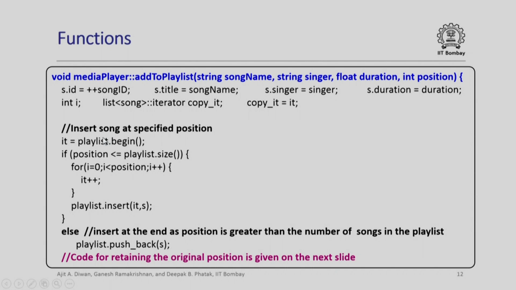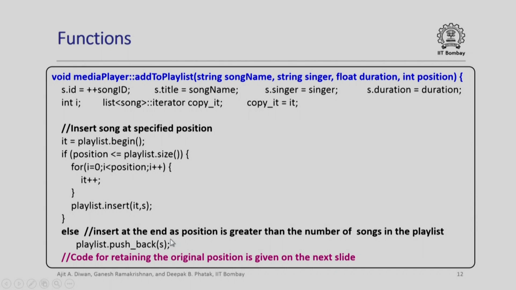Now I have to insert the song at a specified position. So I will set the iterator to playlist dot begin. If the position given is less than or equal to playlist dot size, then I will traverse for I equal to 0 to that position and I will insert that. If that is not so, then I will insert at the end.